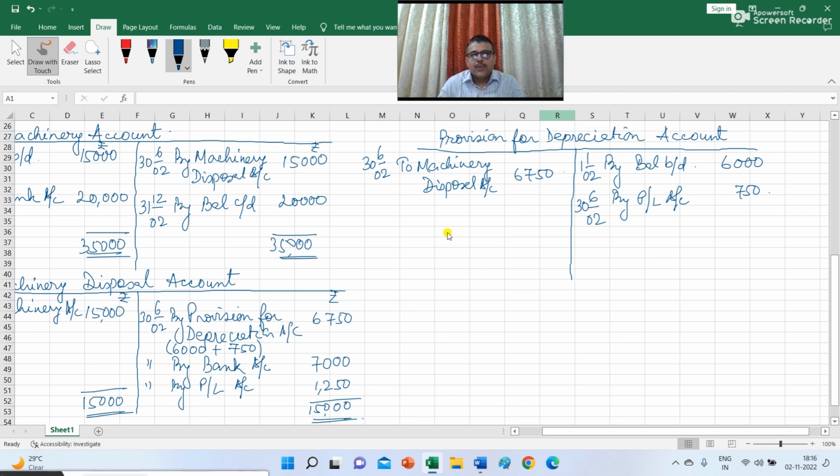And on 31st December 2002 depreciation was charged on the second machine that was purchased on 1st July 2002, and the amount of depreciation was 1,000 rupees. So the balance in the provision for depreciation account on 31st December 2002 will be 1,000.